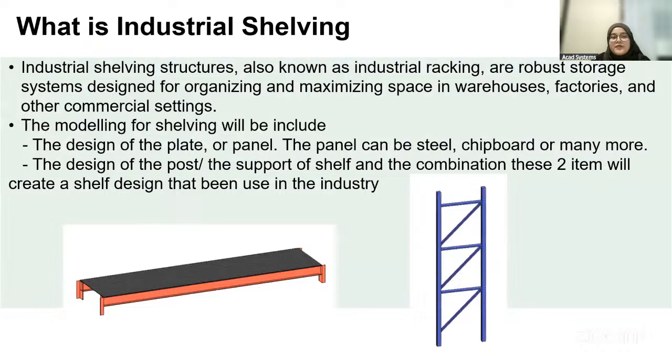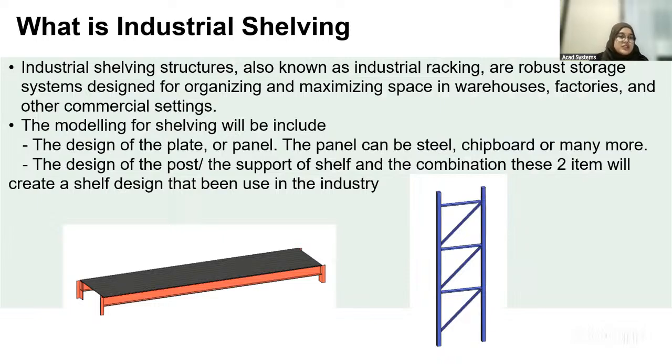Right. So first, what is industrial shelving? Industrial shelving is a structure, also known as industrial racking. This is used to store any warehouse item or component for your warehouse project.